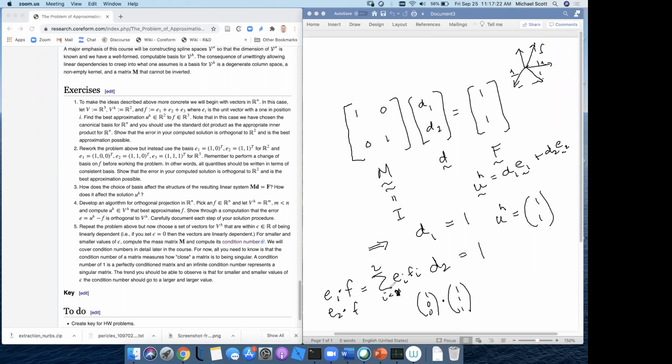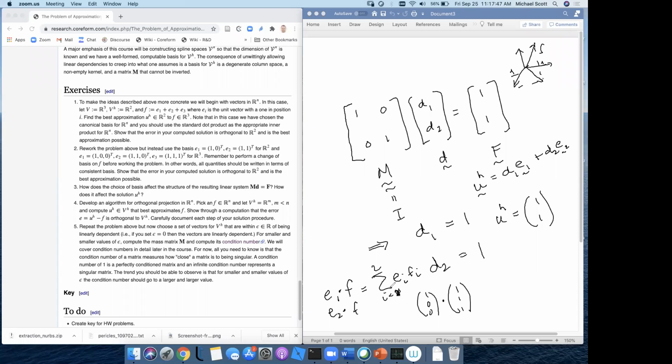Yeah, it tells us to find the best approximation u, which is in R2, and note then F, which is in R3. In the problem, it says, note that in this case, we have chosen the canonical basis for Rn. That's what that means. The canonical basis is this orthonormal.